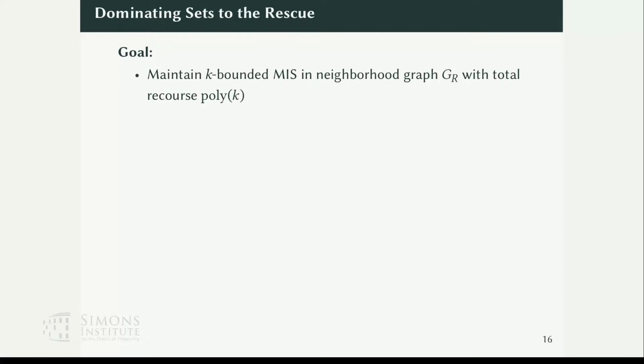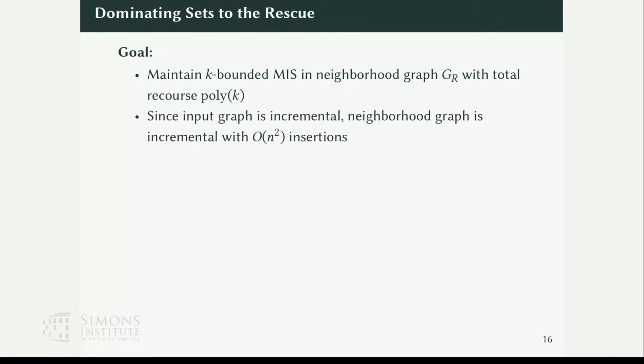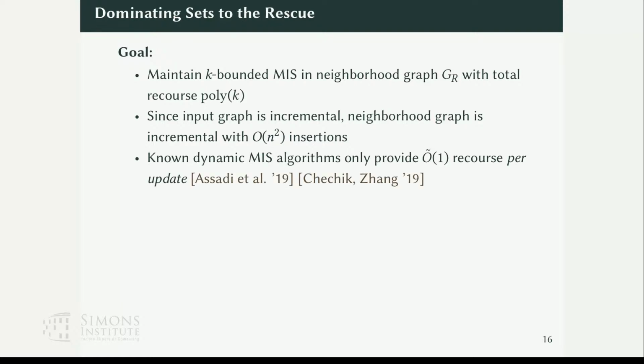We want to maintain this k-bounded maximal independent set in the neighborhood graph, and we want a total recourse that's polynomial in k, ideally something like tilde O(k). Since the input graph is incremental, this neighborhood graph is also incremental. But what bound can I give? Even if my input graph is sparse, this could be dense, and I could have up to, say, n squared insertions here. To the best of our understanding, we do not see how the MIS algorithms that are known provide a good bound on the total recourse.